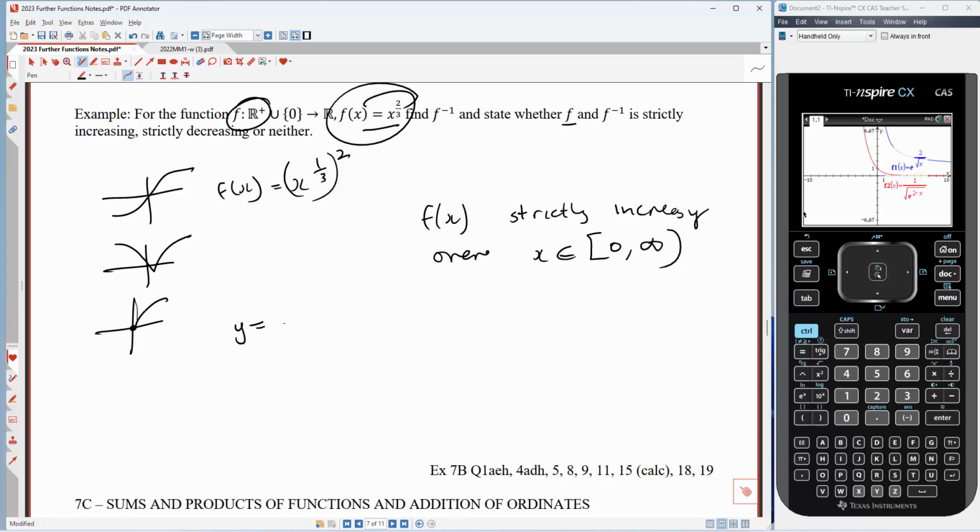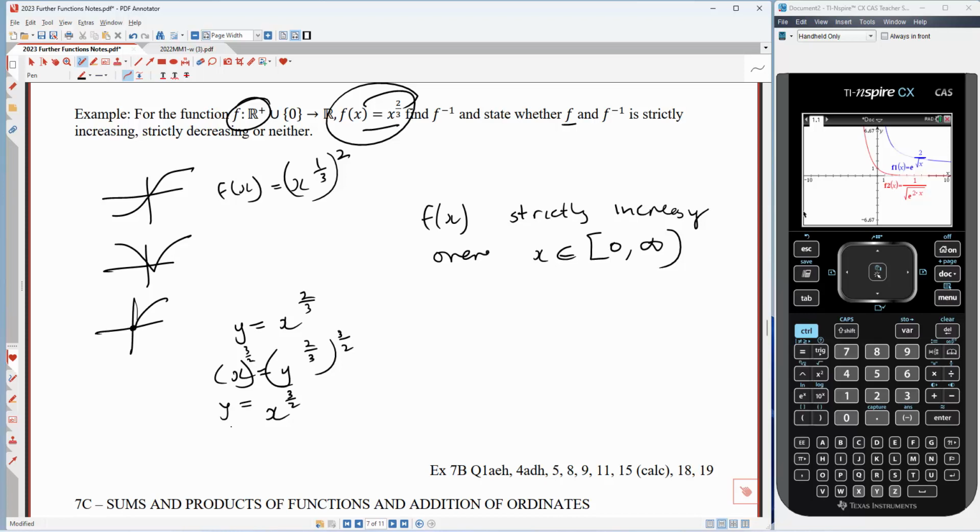So y equals x to the 2/3, x equals y to the 2/3. What I'm going to do is raise this to the 3/2, and that will be 6/6, and raise that to the 3/2, so it's x to the 3/2.